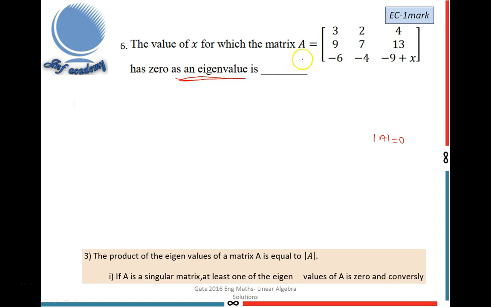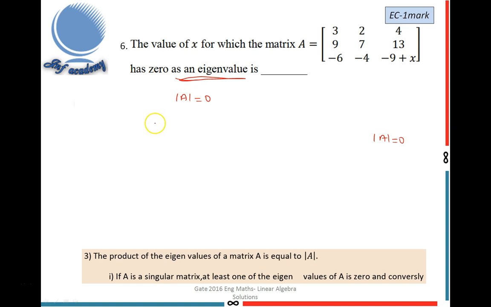Here it is given that one of the eigenvalues is 0. So by using that property, determinant A equals 0. Next I find the determinant of that matrix and equate it to 0. From that equation, we can find the x value.